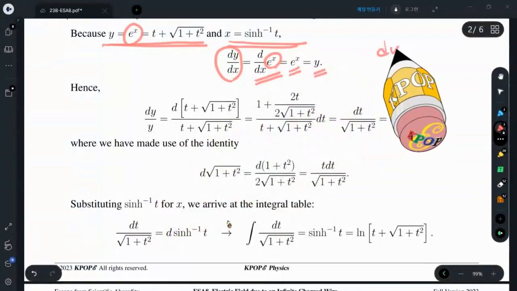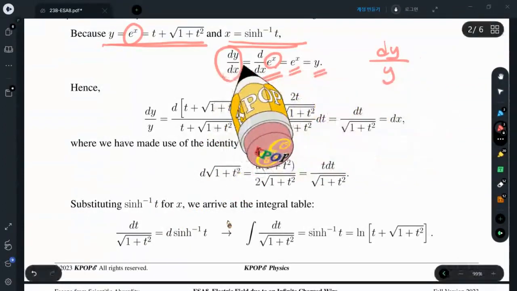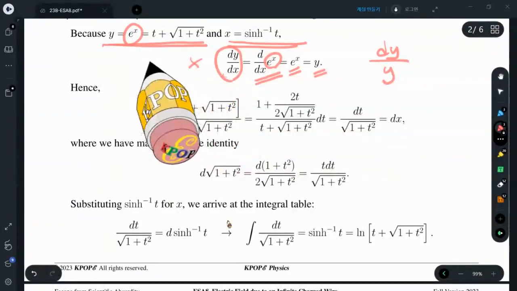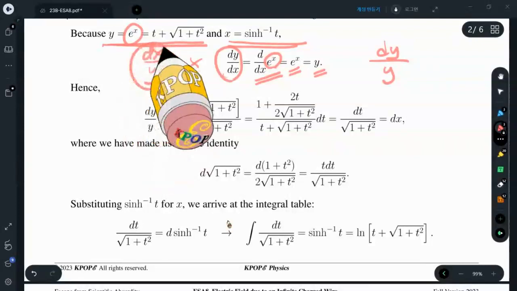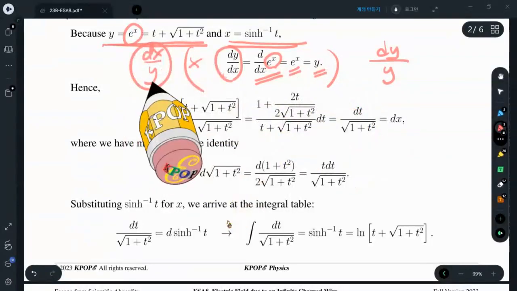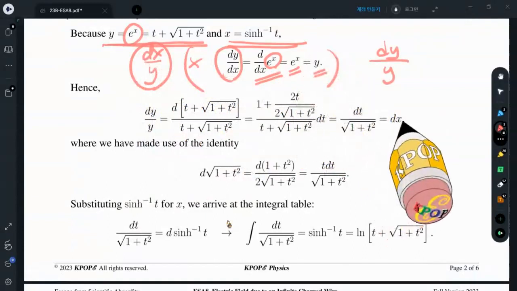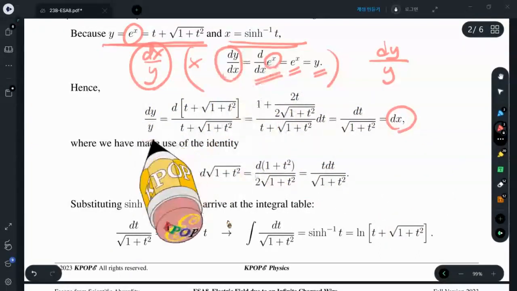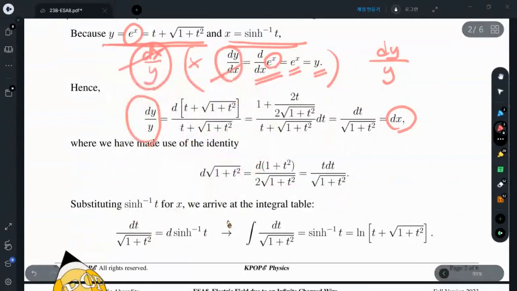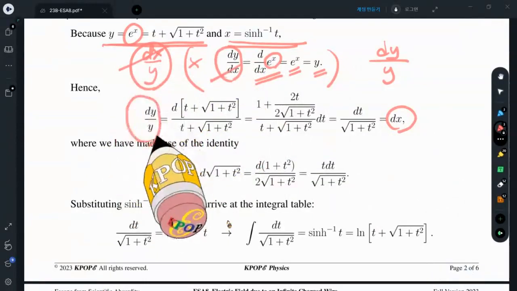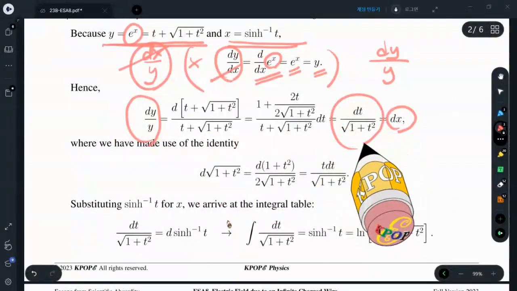That means make y on a single side, and we multiply dx over y on both sides. Then what I get on the right side is dx. On the left side, dx cancels, leaving dy over y.